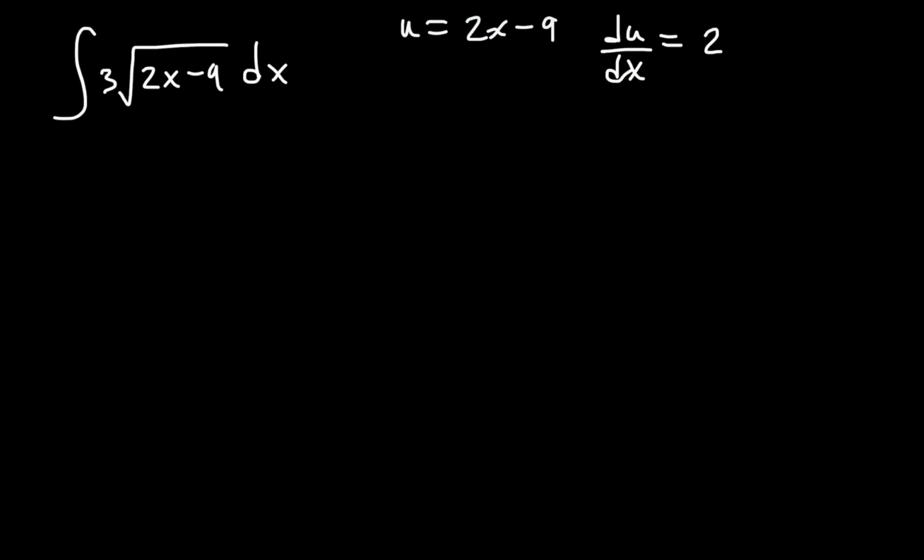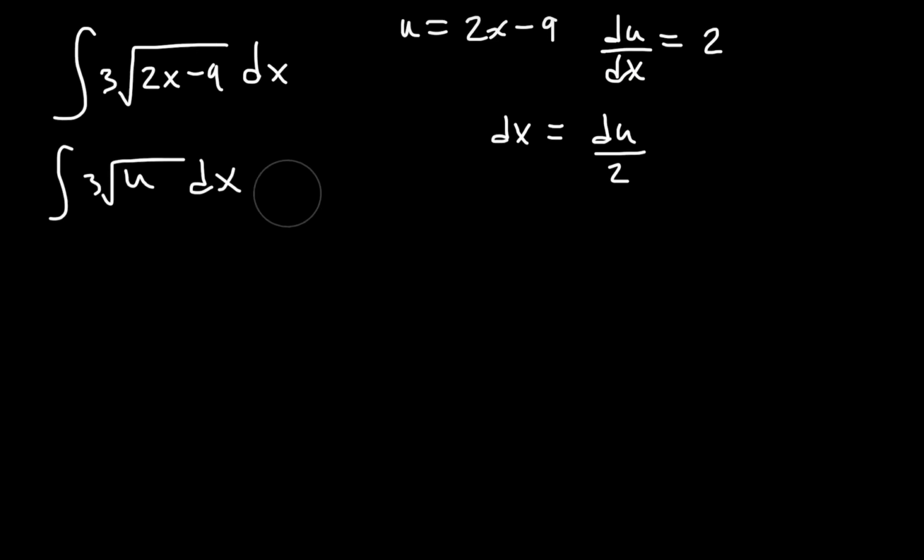Now we have the integral of the cube root of u dx, and I'm going to solve for dx. So dx is just going to be du over 2. So I can replace dx here with du over 2.